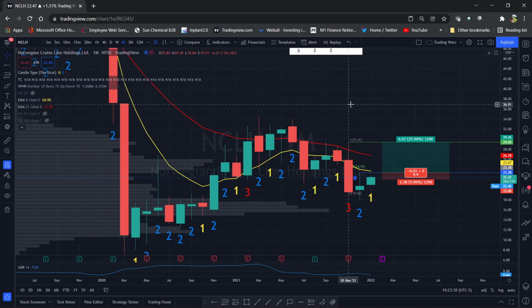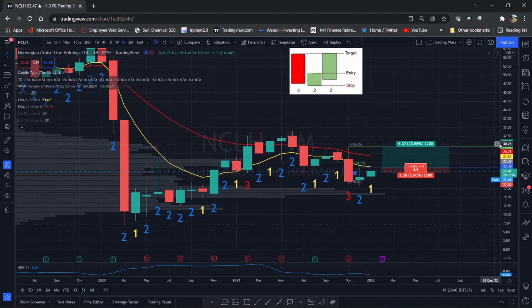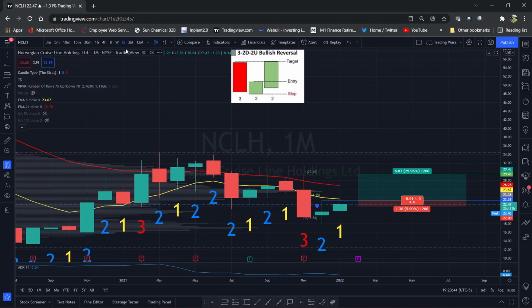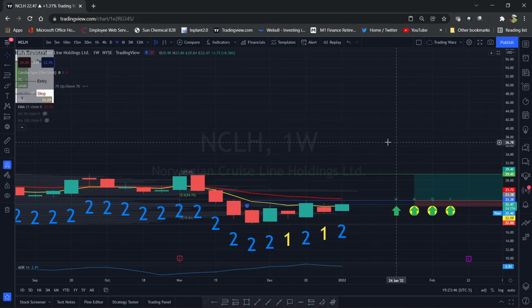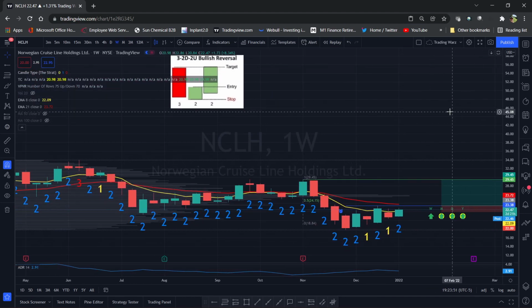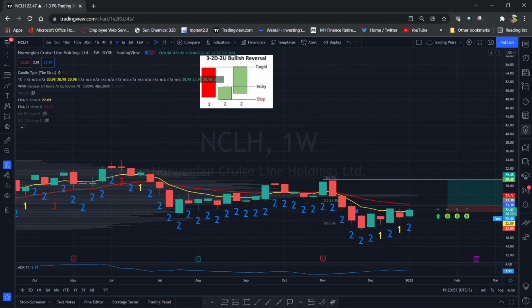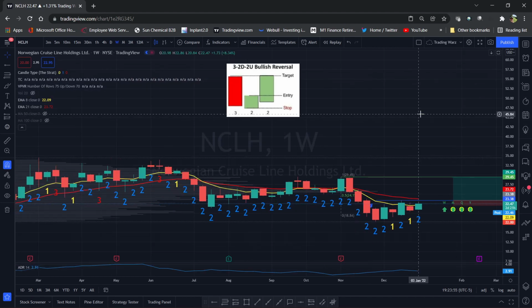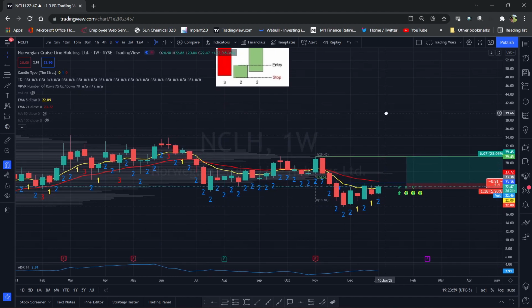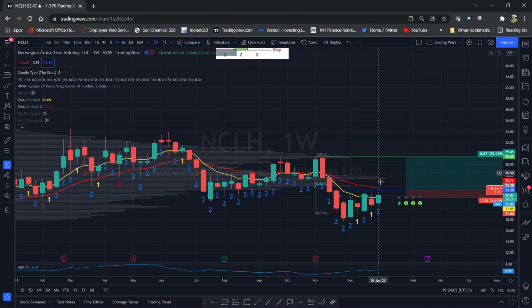So once I determine if I like the monthly, which I do like this monthly, I'll then look at the weekly. And again, since the month's already started, we're a couple of days into the new year here, but this trade is still actionable, hasn't triggered yet. So again, I'm looking at the weekly now.